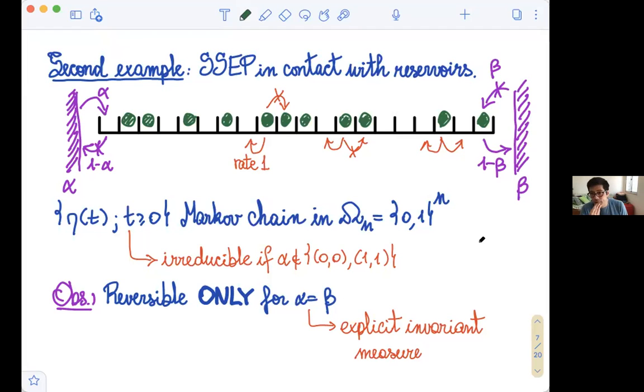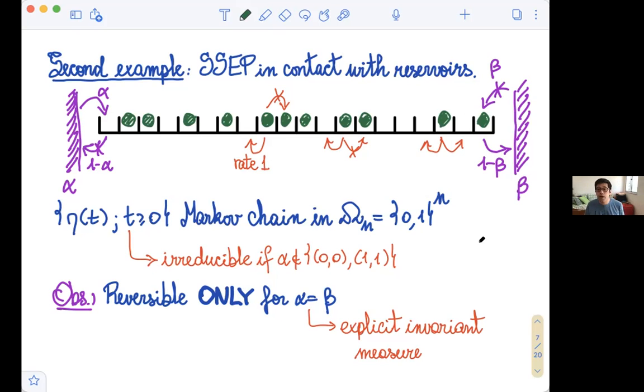In fact, this example was used to develop something called macroscopic fluctuation theory, which is one of the first mathematically sound attempts to describe non-equilibrium stationary states, at least for one particular class of systems, which are called driven diffusive systems. So this model is an example of a driven diffusive system.